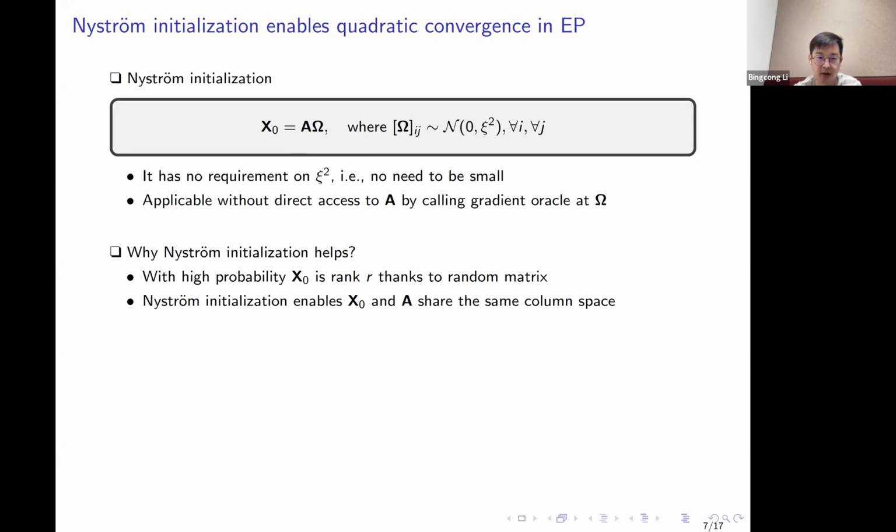So the reason is threefold. The first reason is that with a little knowledge of random matrix theory, we can show that x0, if initialized in this way, is rank R with high probability. The second and more important reason is that if I initialize x0 in this way, I can ensure this x0 and A, the matrix to be factorized, share the same column space.